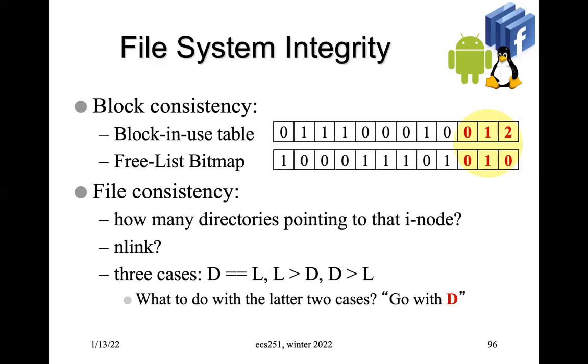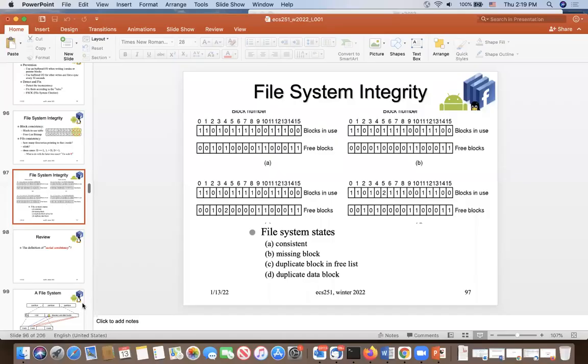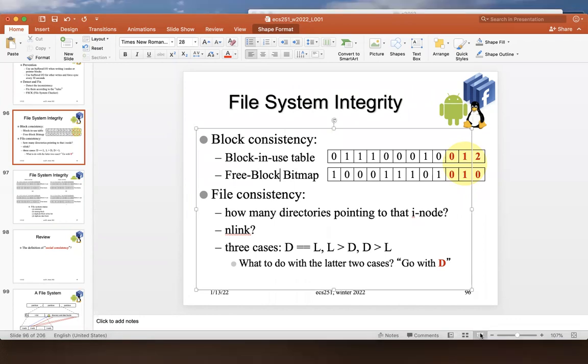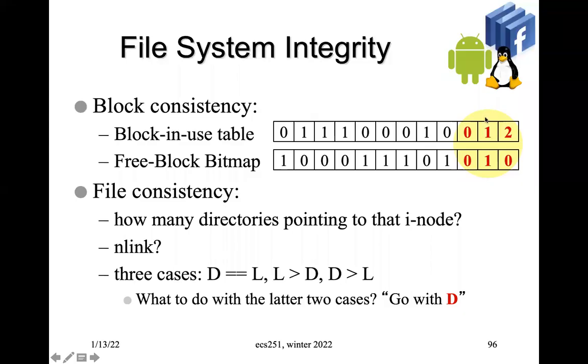Okay, I made another mistake, I realize. It's not free list bitmap, it's free block bitmap, sorry. So there is a case of 1, 1 and a case of 0, 0.